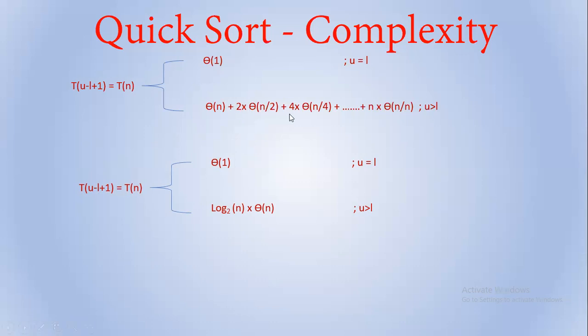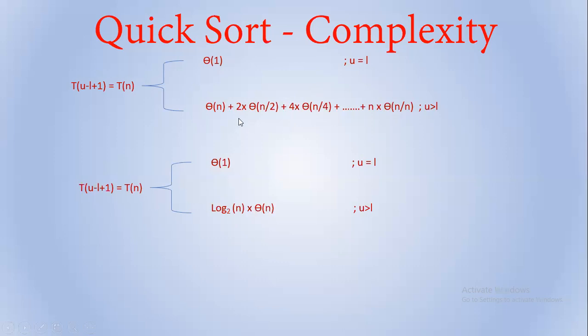This simplification I did in the merge sort complexity analysis. So how can we get this? 2 times theta (n by 2) has the order of theta n. 4 times theta (n by 4), this whole term has the order of theta n. So this is also having theta n order. So there will be log 2 n values of theta n.